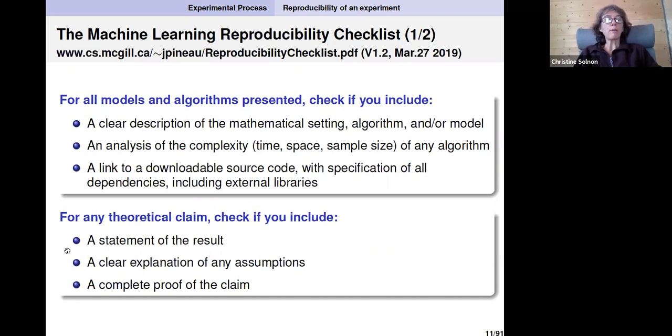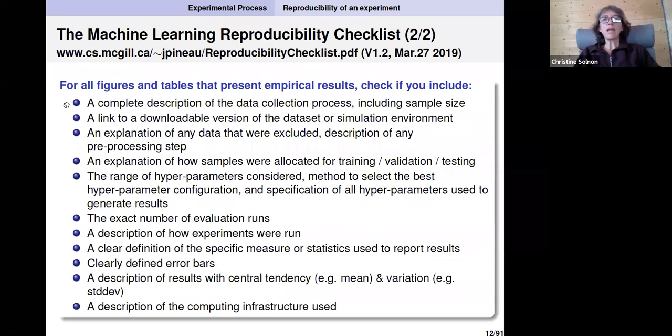Also, you have to check that you include a statement of your theoretical claims and proof of these claims. And finally here you have a long list of things to check. If you want to use it for constraint programming or combinatorial optimization, you simply have to replace data with benchmark, and everything can apply in our field of research too.